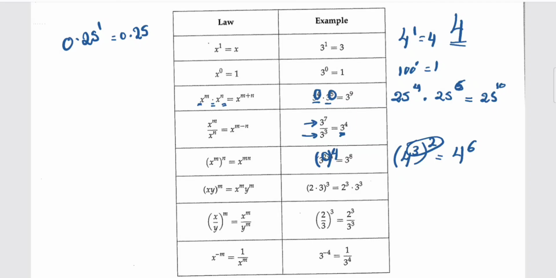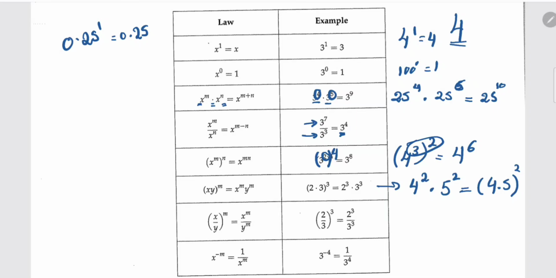For example, 2 times 3, all to the power 3, is 2 to the power 3 alone multiplied by 3 to the power 3 alone. And the inverse also. If you have 4 to the power 2 multiplied by 5 to the power 2, I can write it as 4 times 5, all together to the power 2.